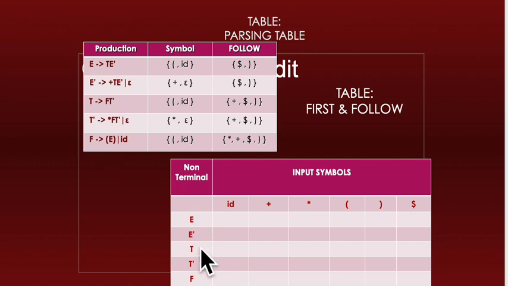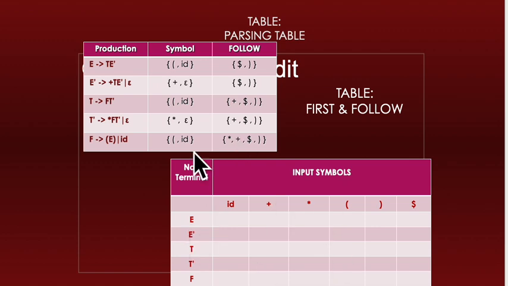Column wise, you write the terminal symbols that you got from first and follow in the given grammar, which are ID, star, plus, open parenthesis, close parenthesis and dollar. Don't write epsilon when you are writing the terminal symbols at all. Please don't write epsilon at all.